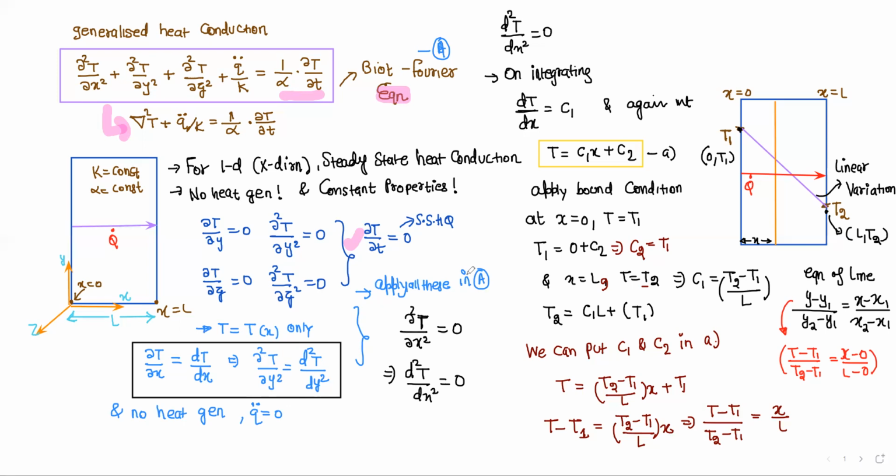Applying all these assumptions in the Biot-Fourier equation, we will have only one term: d square T by dx square is equal to 0, because all the other terms become 0.